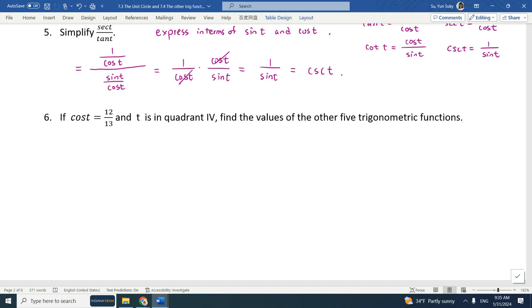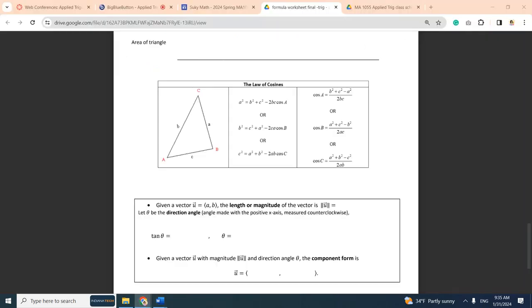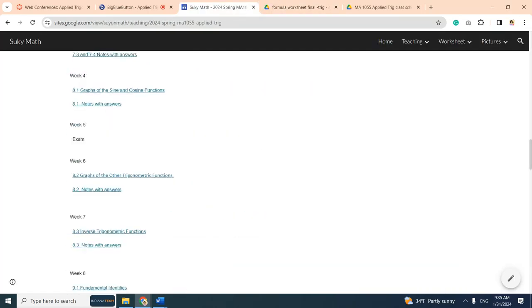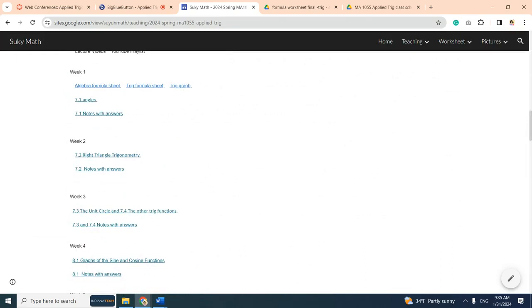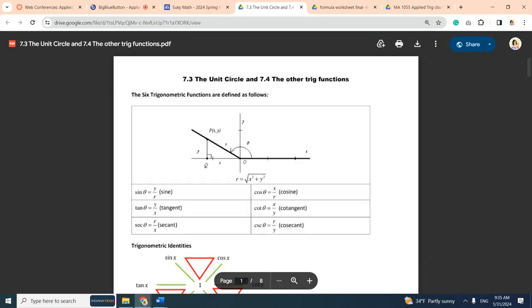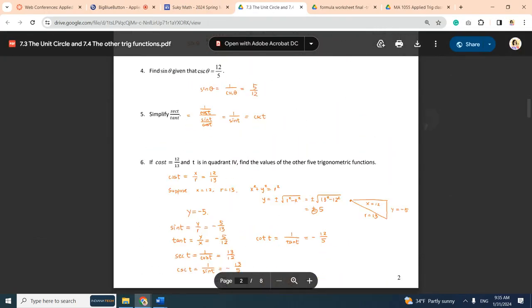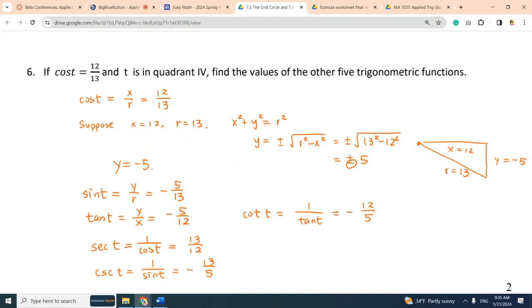All right, let's check our answers together. So we draw the picture. The picture is like this. Maybe I should draw it bigger.